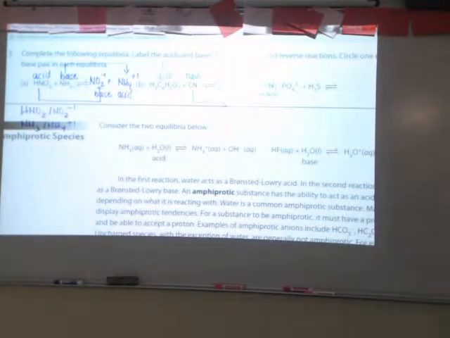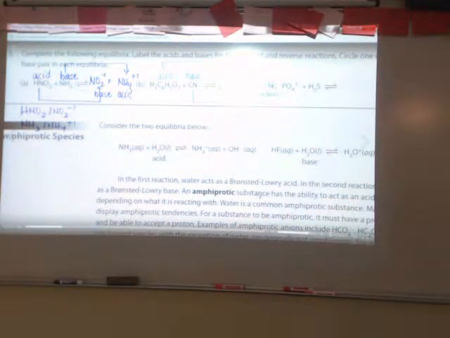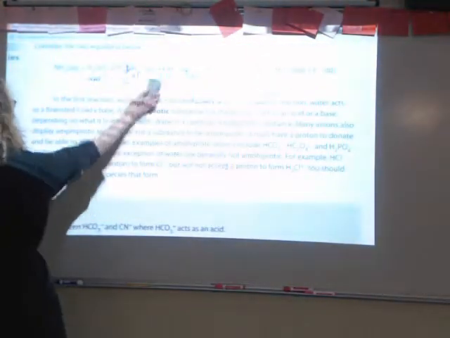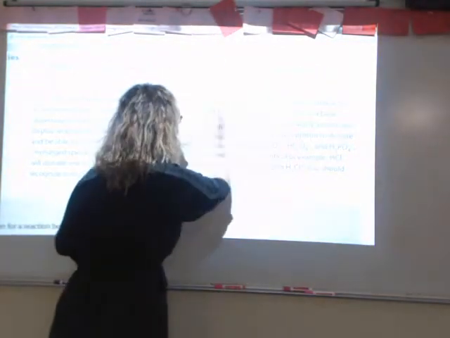Okay, last topic. Some substances can act as an acid or a base depending upon what they are reacting with. Water is the most common example of a substance that can act as an acid or a base. It is called amphiprotic.